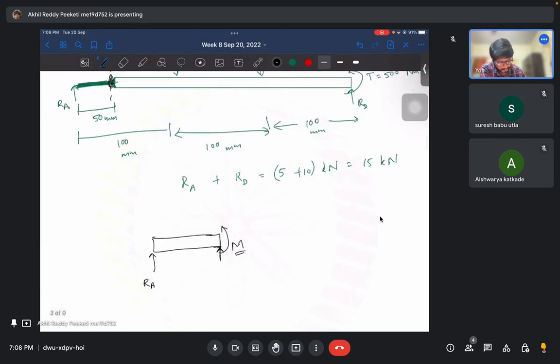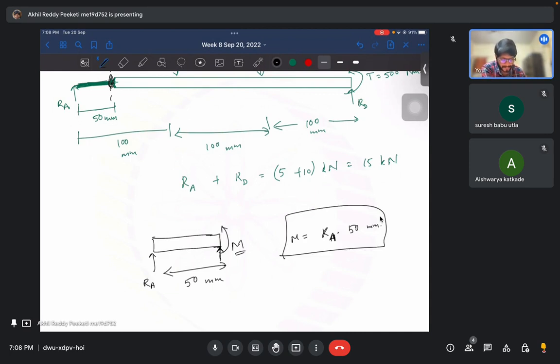So this moment you can directly write as M is equal to RA into this distance, which is given as 50 mm. So to get the bending moment, we just need to know RA.